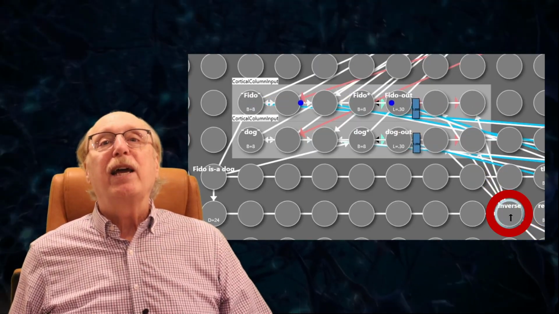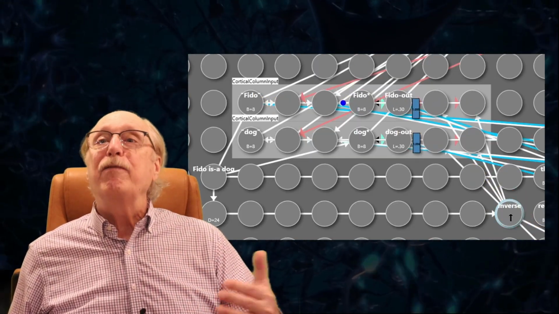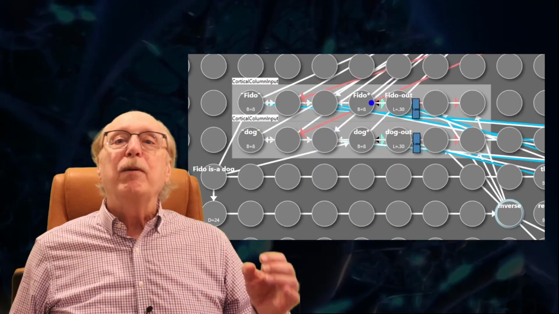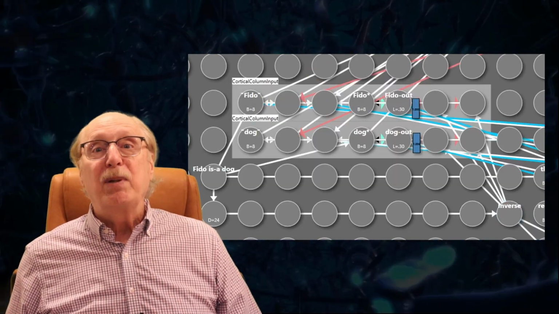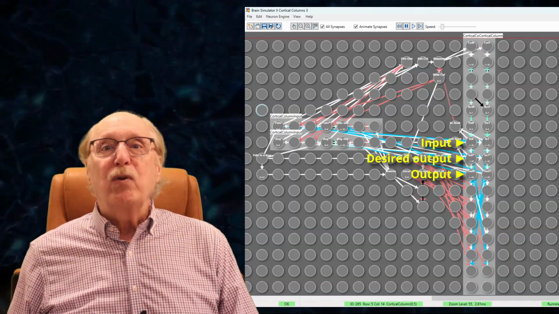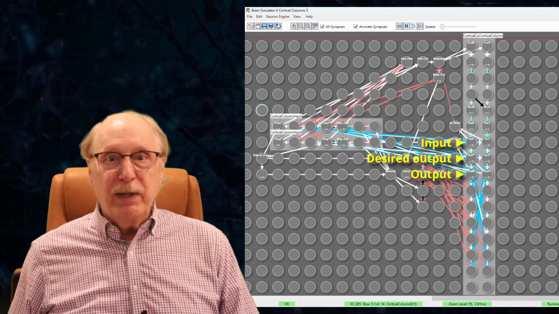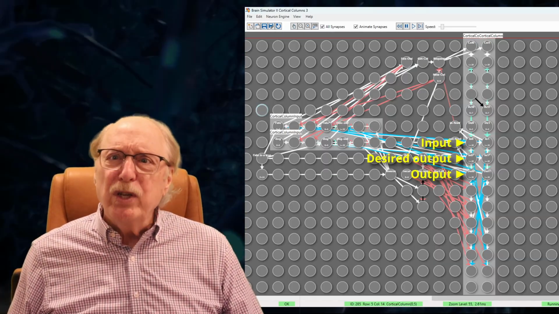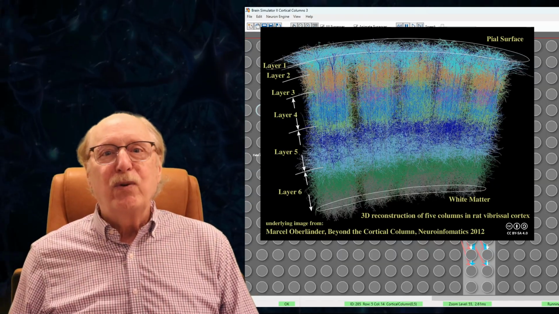Fire inverse again and Fido star will stop and Fido will begin. It amazed me that this seemingly complex process can occur with just two neurons. Notice that signals arrive and leave the cortical columns in specific layers. This mirrors what has been observed in the layers of the neocortex.